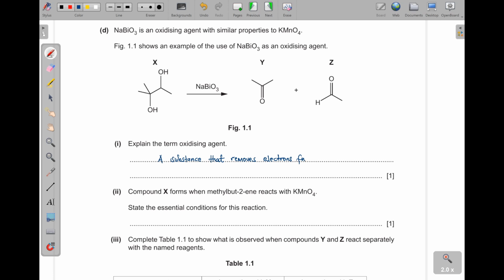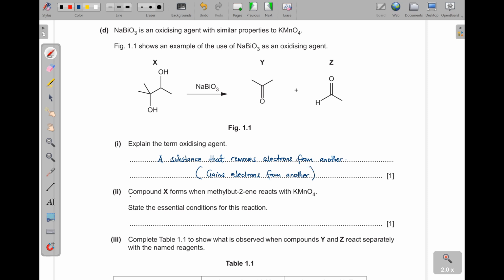Remember, an oxidizing agent gets reduced. Or I can actually say gains electrons from another. Many ways of writing this.